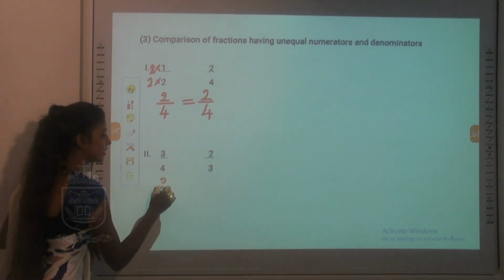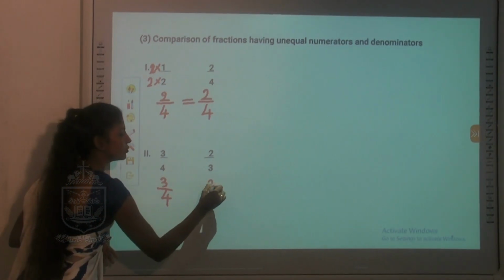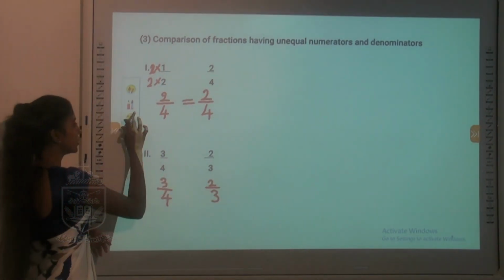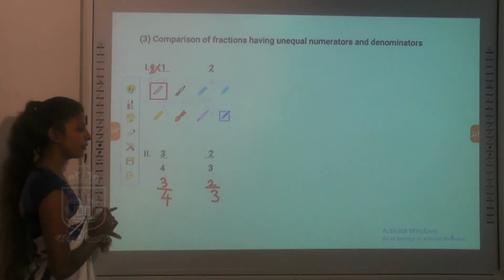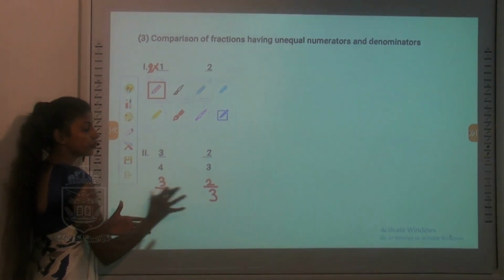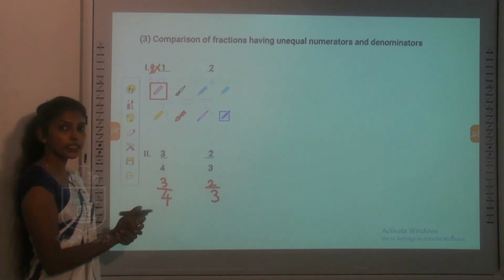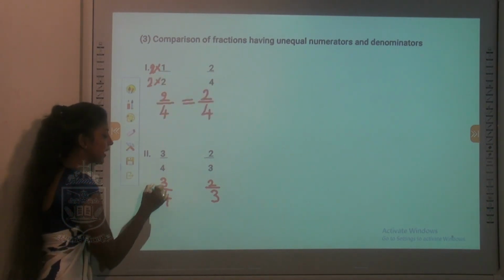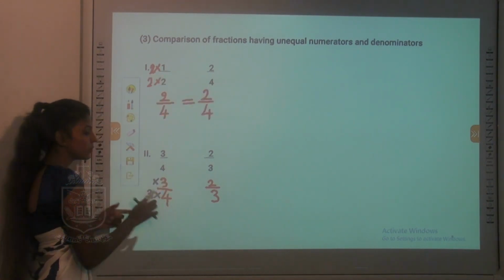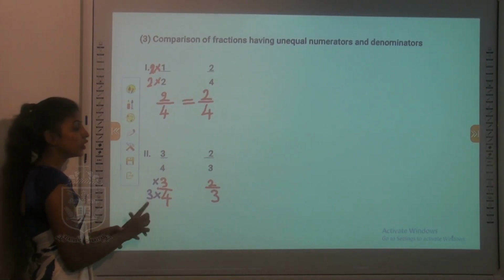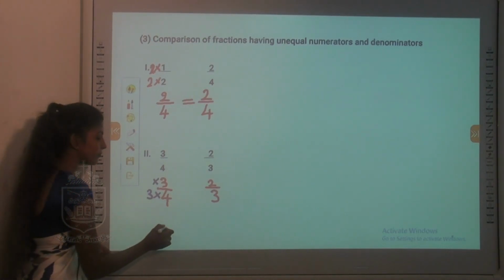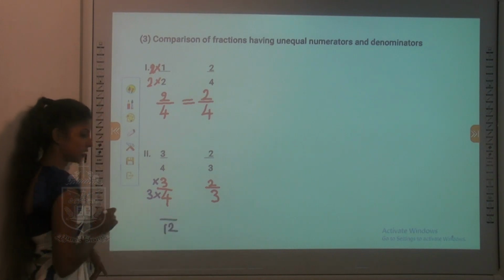So our fractions are 3 over 4 and 2 over 3. Now we are going to multiply these two fractions separately in order to get a common denominator. That means we are going to multiply this by 3. Once you multiply it by 3, you will get number 12 in the denominator.